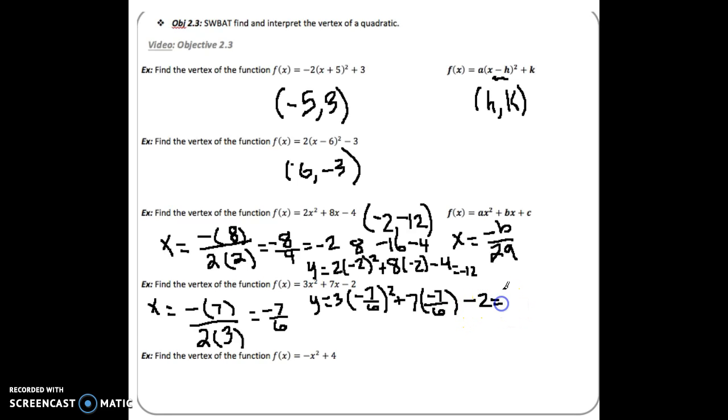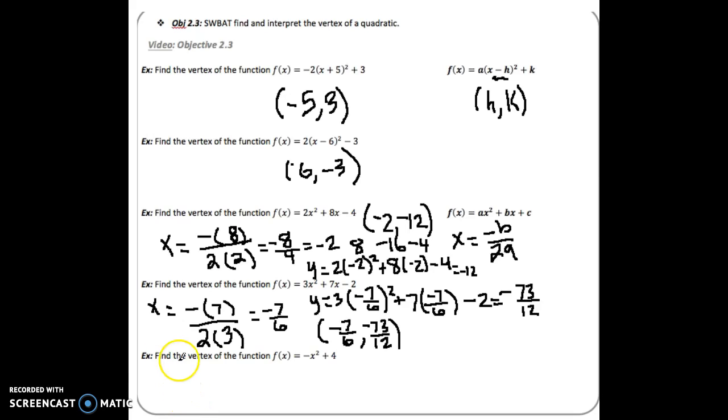And when you do that, I plugged that in my calculator and I got negative 73 over 12. Okay, so finding the vertex here, my x coordinate is negative 7 over 6. My y coordinate is negative 73 over 12.